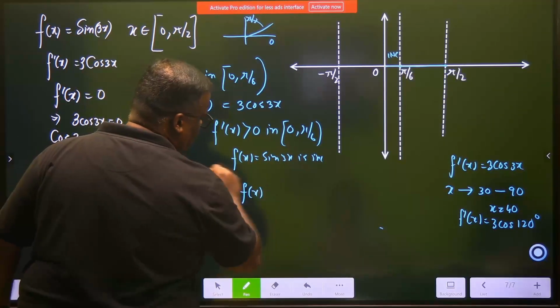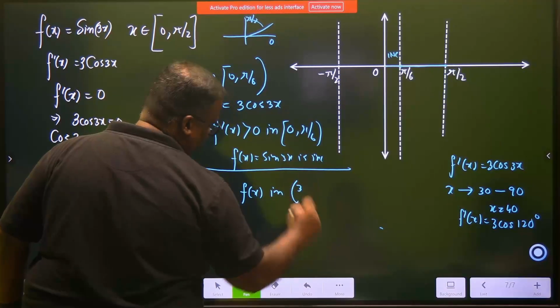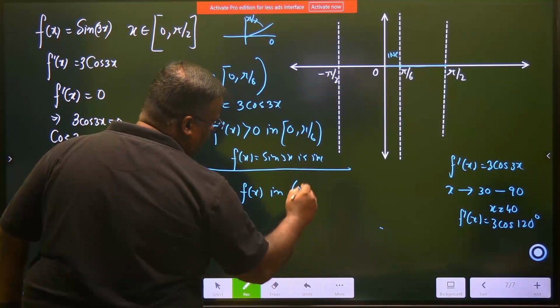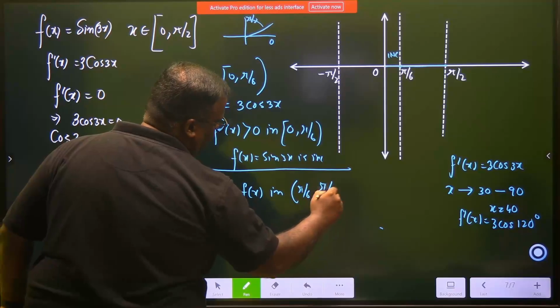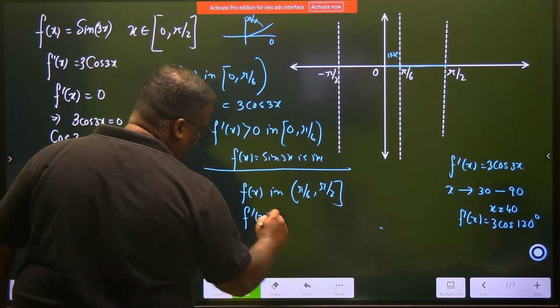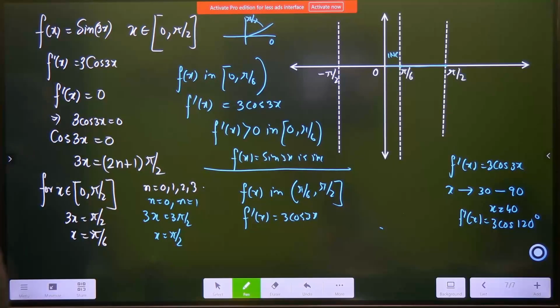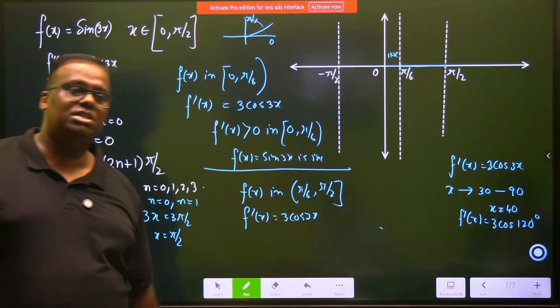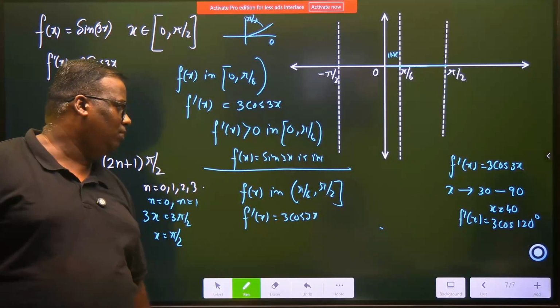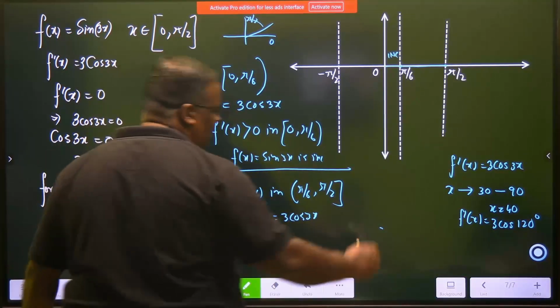How is f(x) in pi by 6 to pi by 2? Let's see what our f dash x is. Our f dash x is 3 cos 3x. Pi by 6 means 30 and pi by 2 means 90. So I'm taking a value, say 40 degrees. You can just test here.